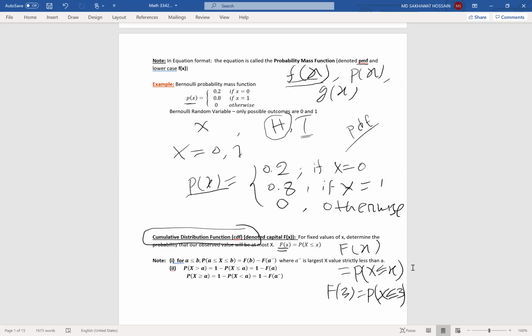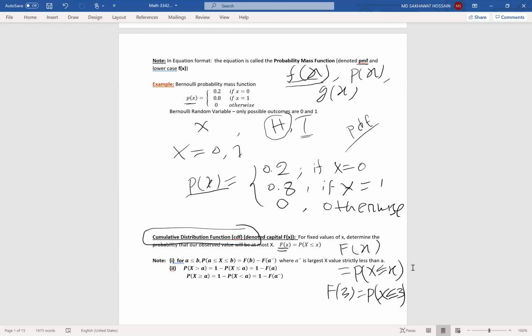So the CDF is actually the cumulative probability. We add the probabilities for the values of x, and since we consider 3, the maximum value of x will be 3 here.